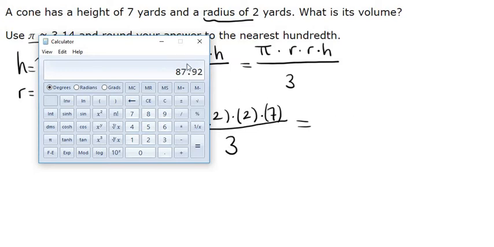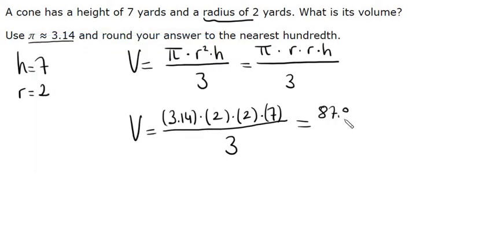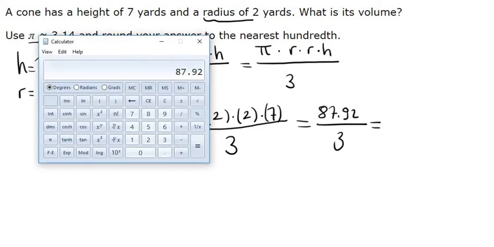And then if we divide this by 3, 87.92 divided by 3 is going to give us the answer. So I'm going to divide that by 3. That's going to be 29.306, which keeps going on forever.